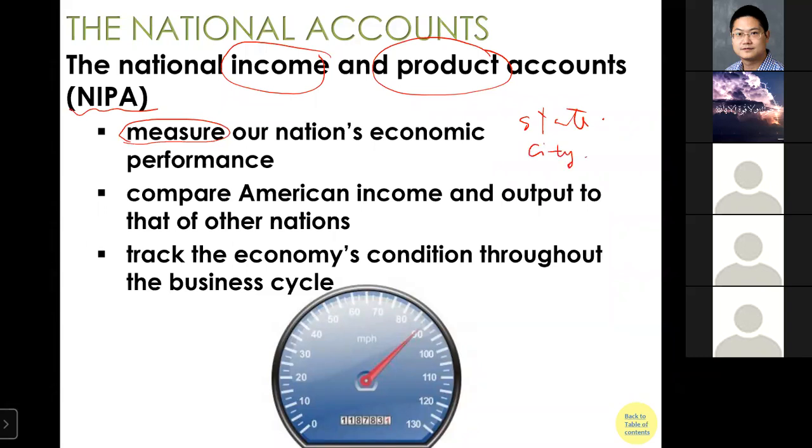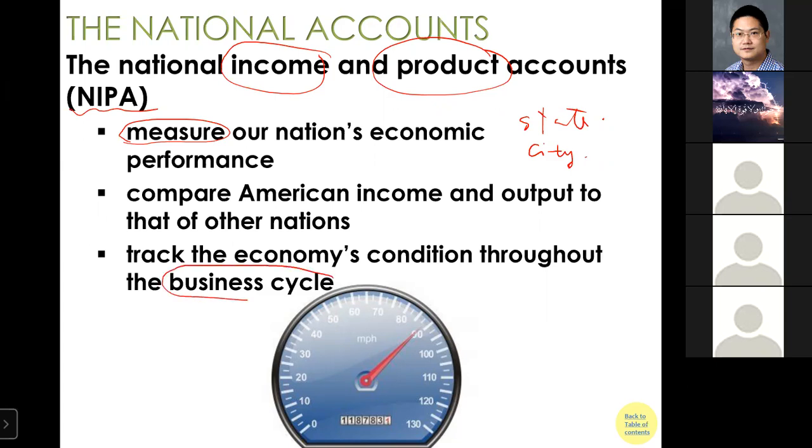We can use this NIPA account to compare American income and output to that of other nations. Again, you can compare one city versus another city. Also, you can compare a city's performance this year versus the past year. And lastly, we can use this NIPA account to track the economic condition throughout the business cycle.